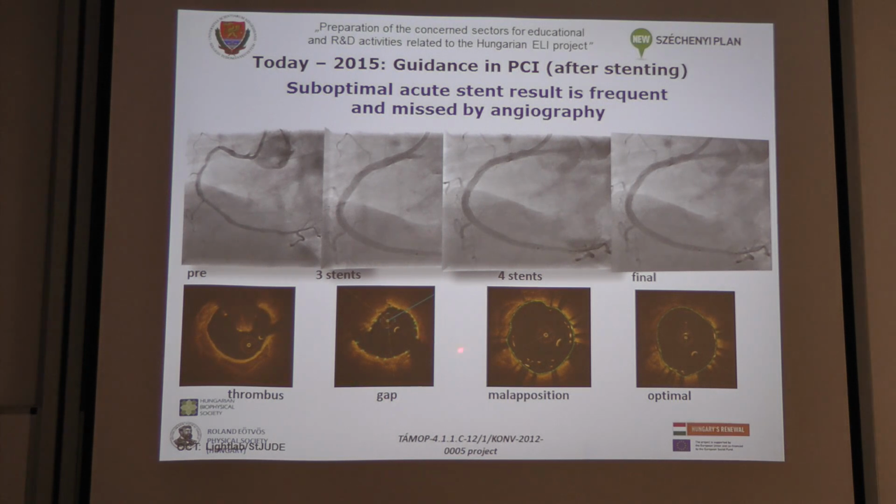So maybe most parts look okay, and all the parts look okay on the angio, but there are some 1 or 2 millimeters which can be identified by the OCT, which can cause in the longer term the thrombotic occlusion of this vessel.